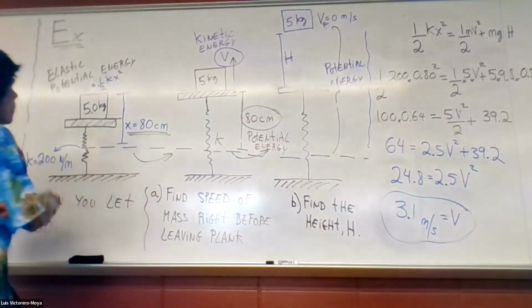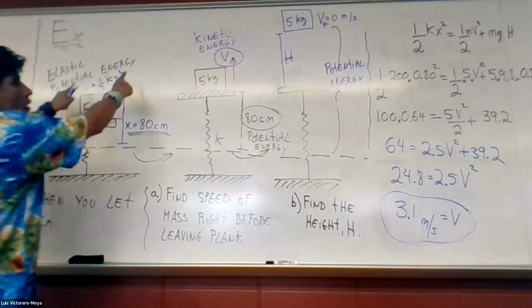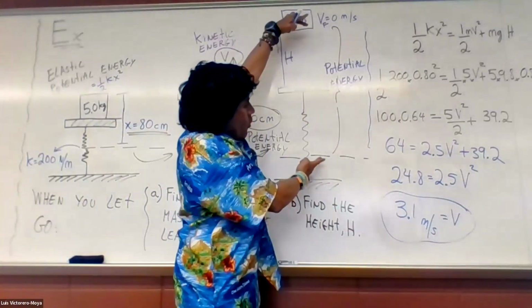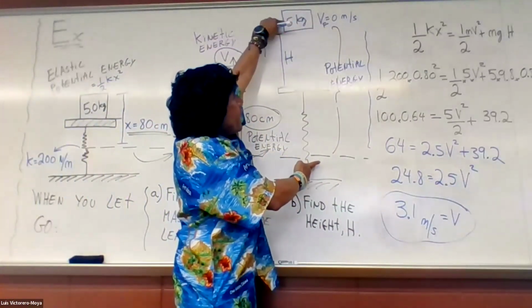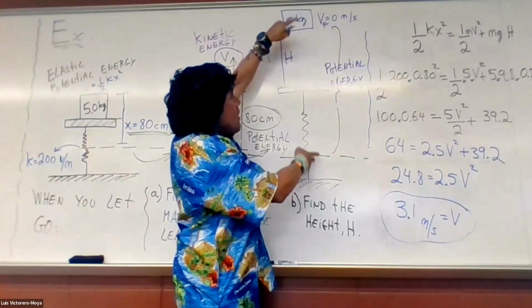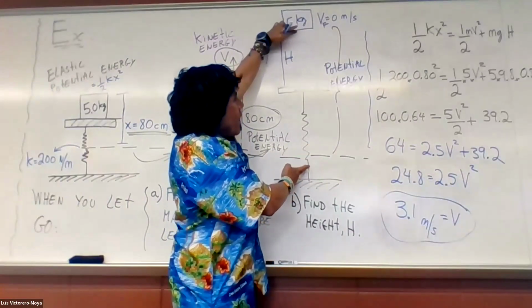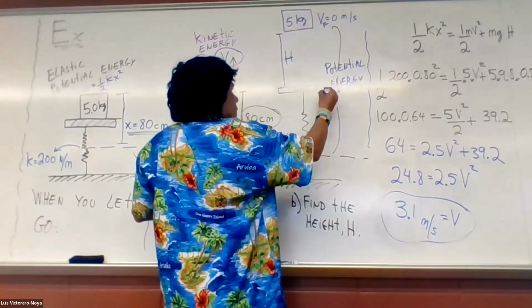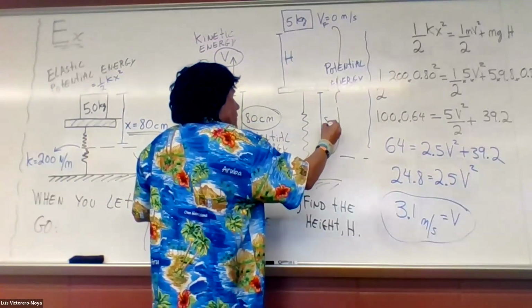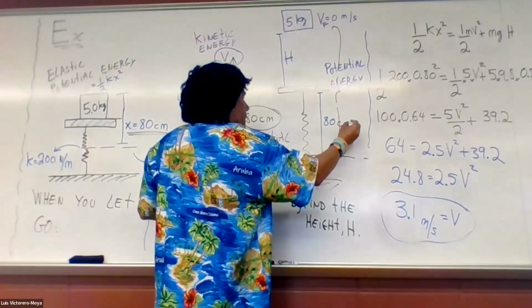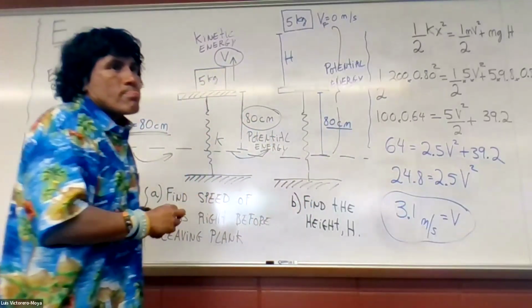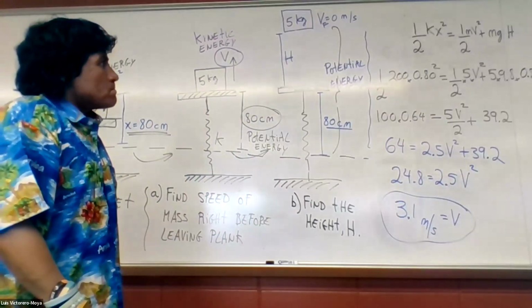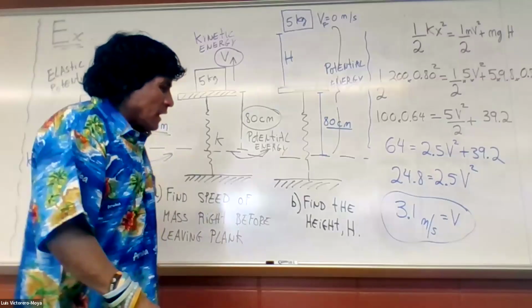So potential elastic energy equals the potential energy of all this, mg times the whole height, h plus 80 centimeters, 0.80. All right? You have to take that into consideration.